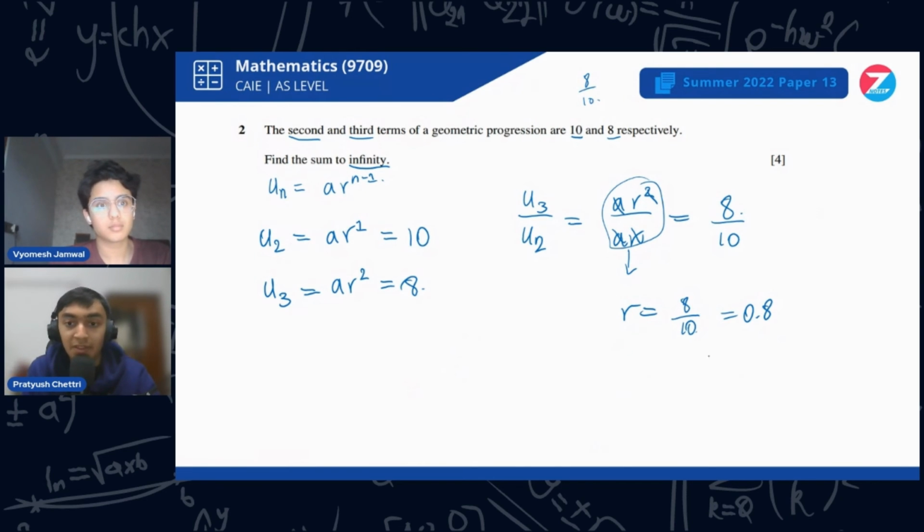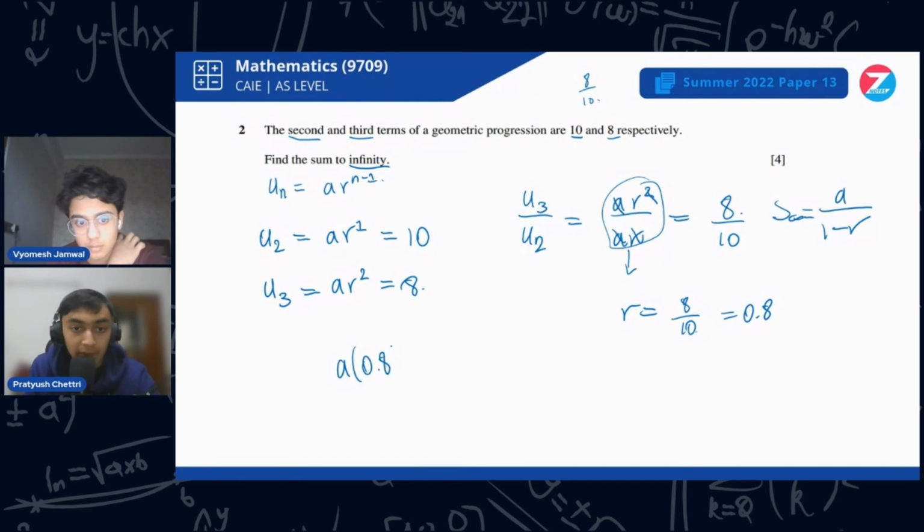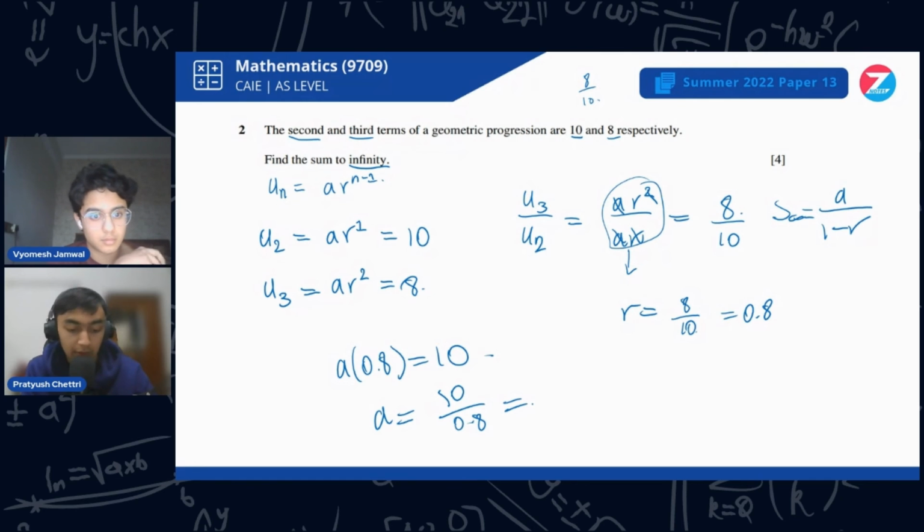That's only one of the things we need for the sum to infinity formula. I found r, now I need to find a. So I can put this in any formula. a times 0.8 equals 10. So I know that a must equal 10 by 0.8, which equals 12.5.